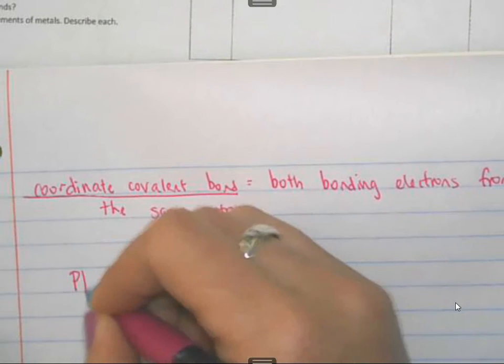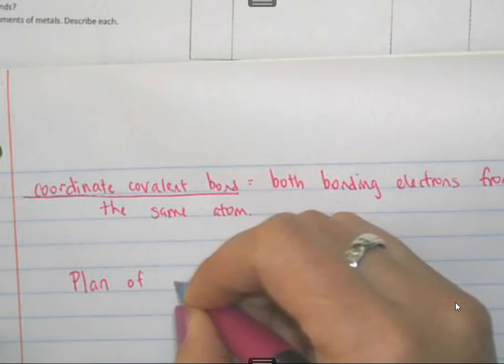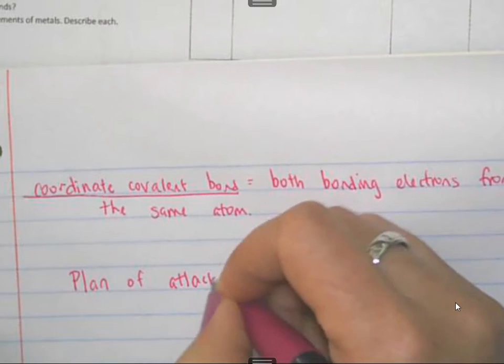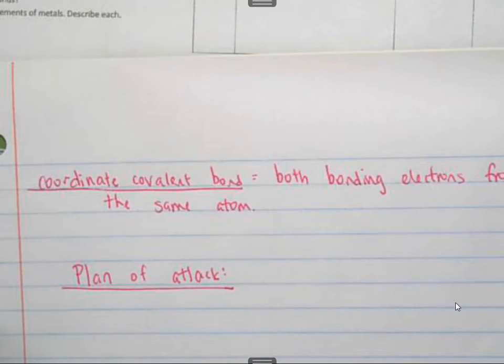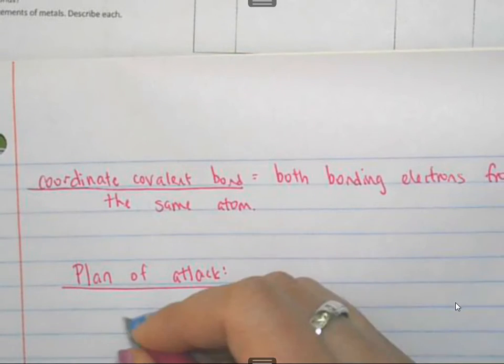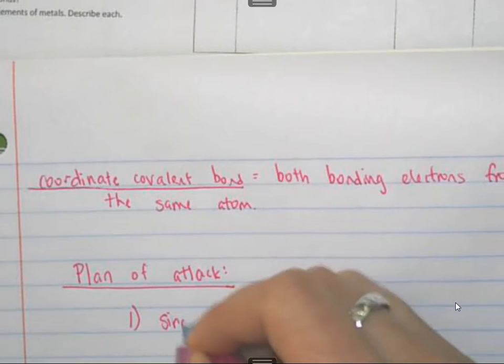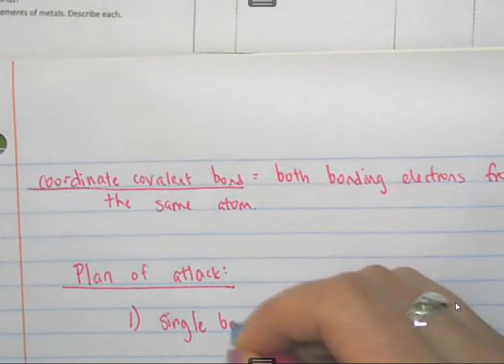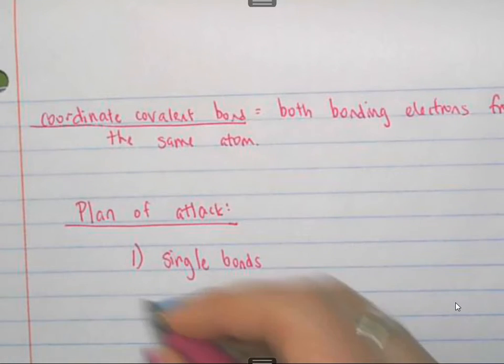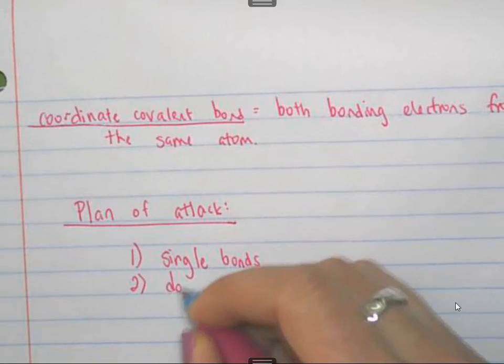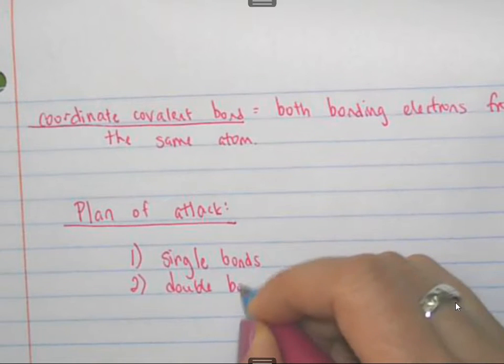I'm also going to write this down for you. We're going to have a plan of attack. As we draw these, there's a certain series of steps you need to go through. Your first step should be to make single bonds. And if single bonds don't work, then you should try double bonds.